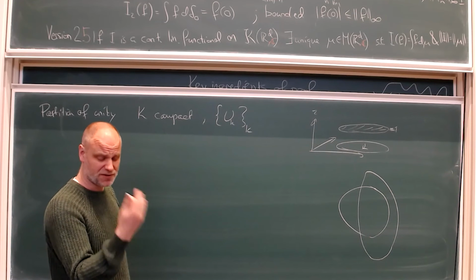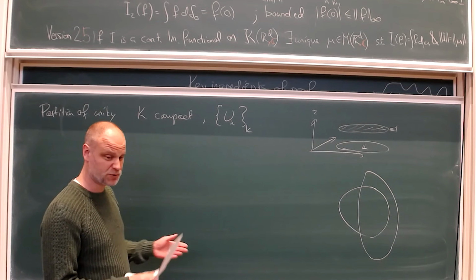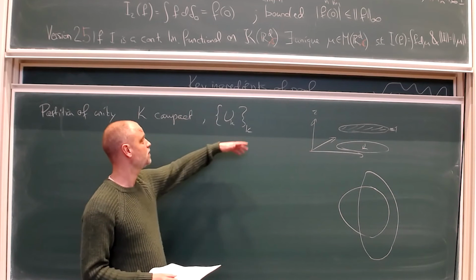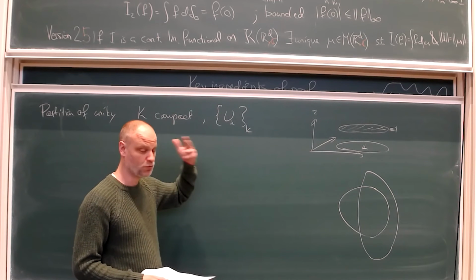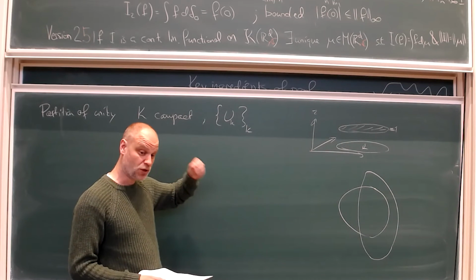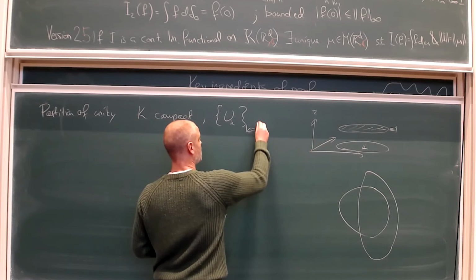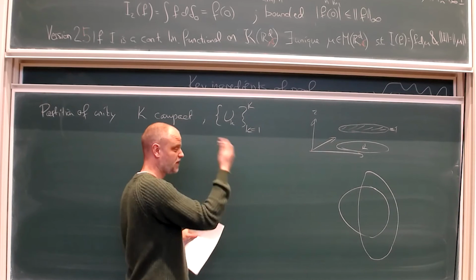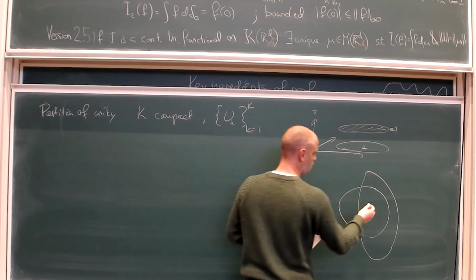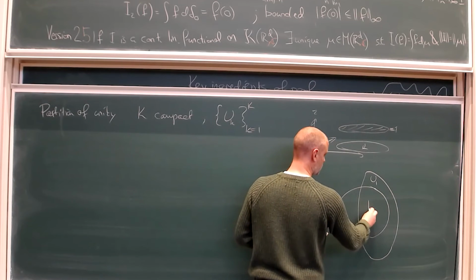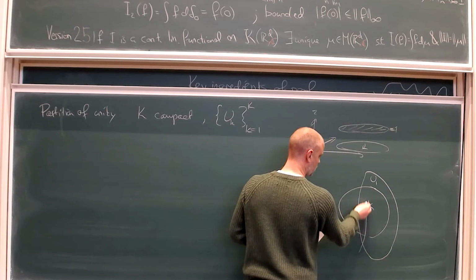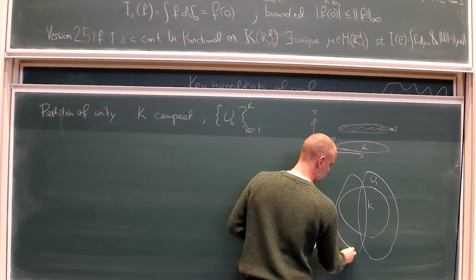An equivalent definition, or even the definition of compactness in more abstract spaces, is if you have, no matter what sort of covering of open sets, a set is compact if and only if you can choose a finite subcovering. So you might as well start out with having finitely many of these sets. And in my picture, this is U1, this is my K. In my picture, I'm just going to have 2 sets.